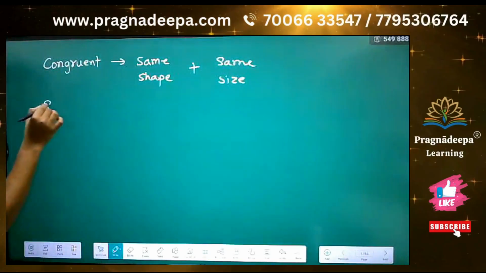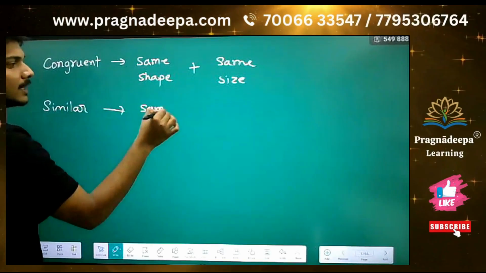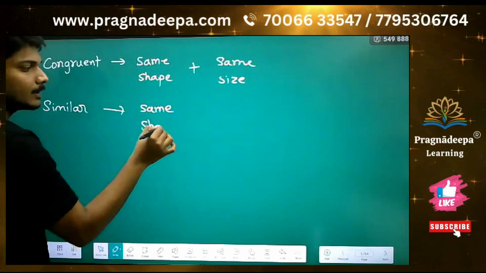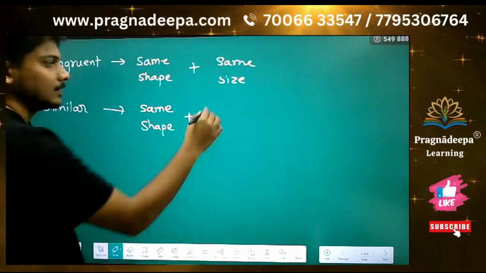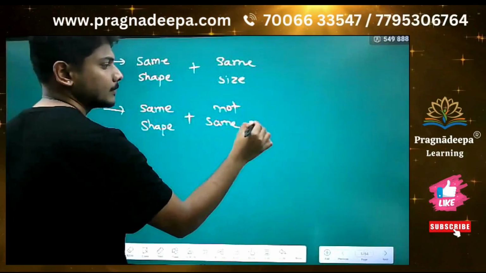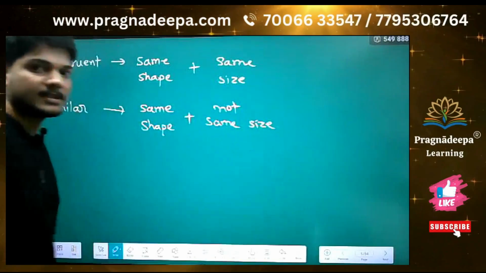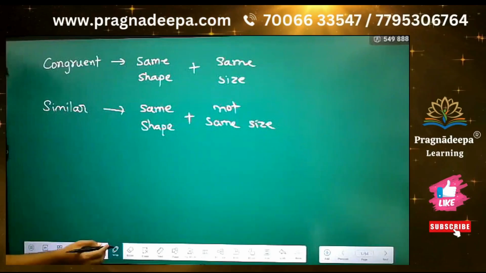Similar figures means same shape but need not be same size, alva. Same size irbeku antilla, not same size. So therefore idrinda ನಾವು ಏನು ಒಂದು ರಿಸಲ್ಟ್ ನ ಡಿಡಕ್ಟ್ ಮಾಡಬಹುದು.